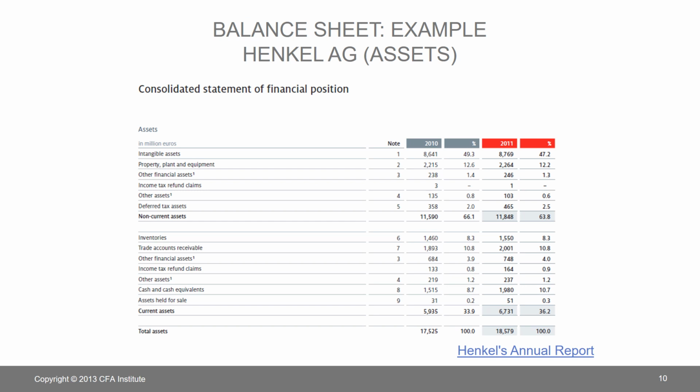It uses the title Consolidated Statement of Financial Position rather than Balance Sheet. It presents the older year 2010 to the left of the more recent year 2011. It supplies the number of the relevant footnote on the face of the balance sheet. And finally, it presents additional columns showing each line item of assets as a percentage of total assets. So basically a common size balance sheet.